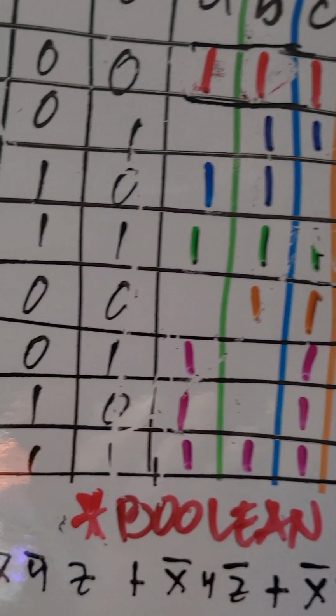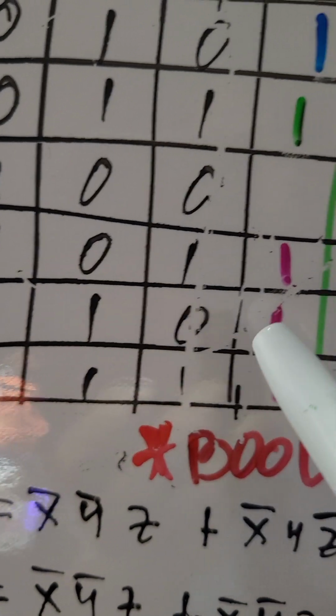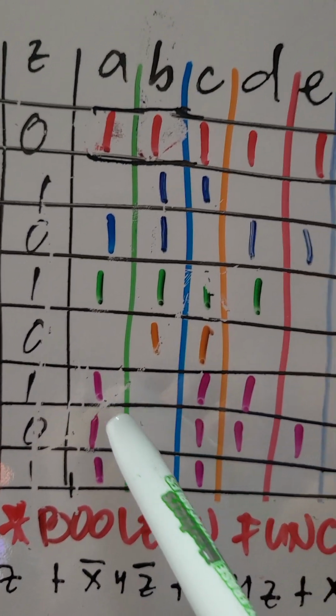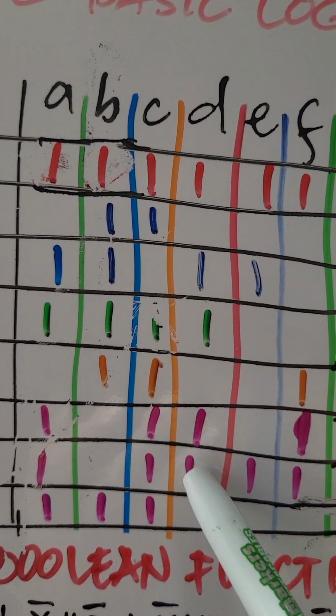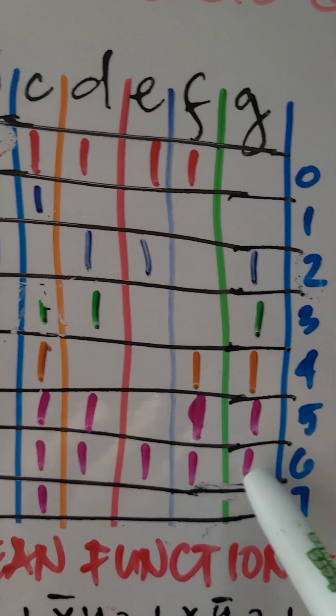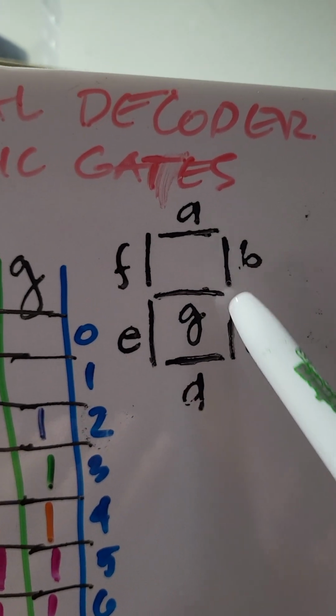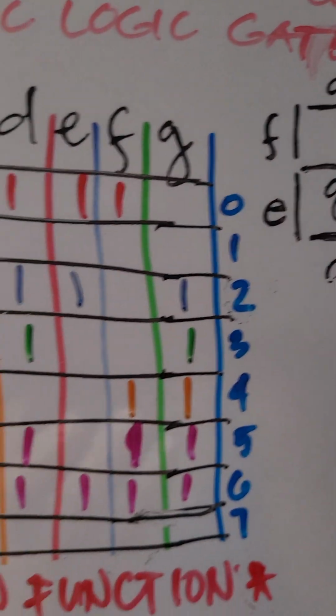Okay. And number 6, 1, 1, 0. So A is 1, B is 1, D is 1, E 1, F 1, G 1. So 6. Okay.